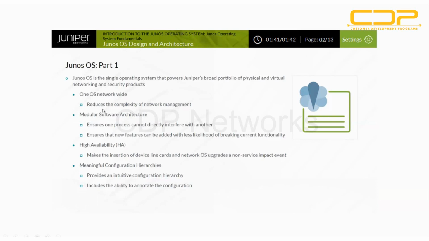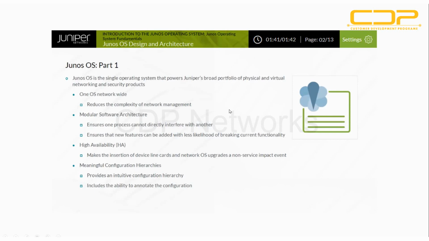See here, I wrote some key points. What is considered in the Juniper operating system? Junos OS is the single operating system that powers Juniper's broad portfolio of physical and virtual networking and security products.